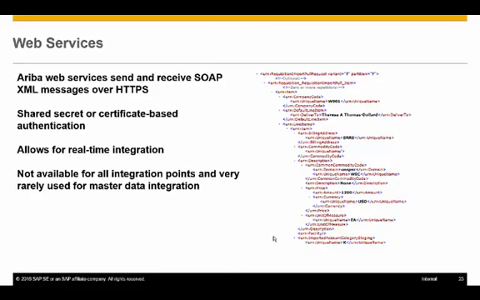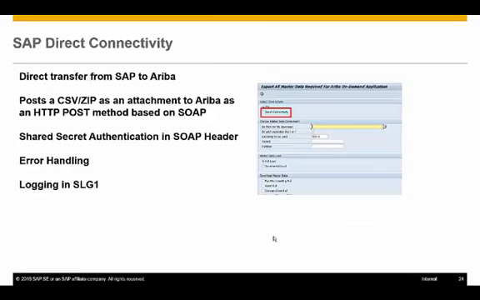SAP Direct Connectivity, like I mentioned, this one is specifically designed for SAP customers. If you are using ECC or if your ERP is SAP, then you can leverage this. We provide a set of transports that are designed to extract data from SAP tables, and we populate files that Ariba needs.